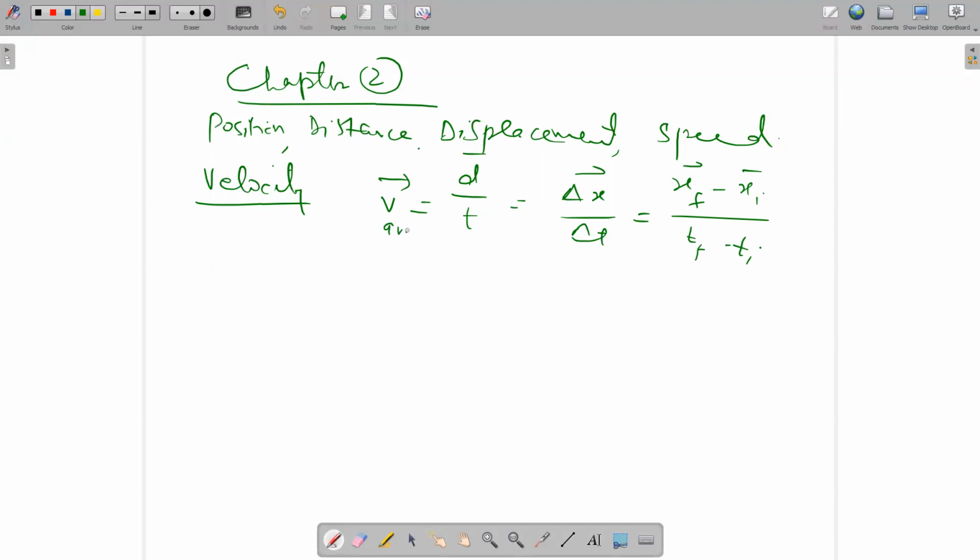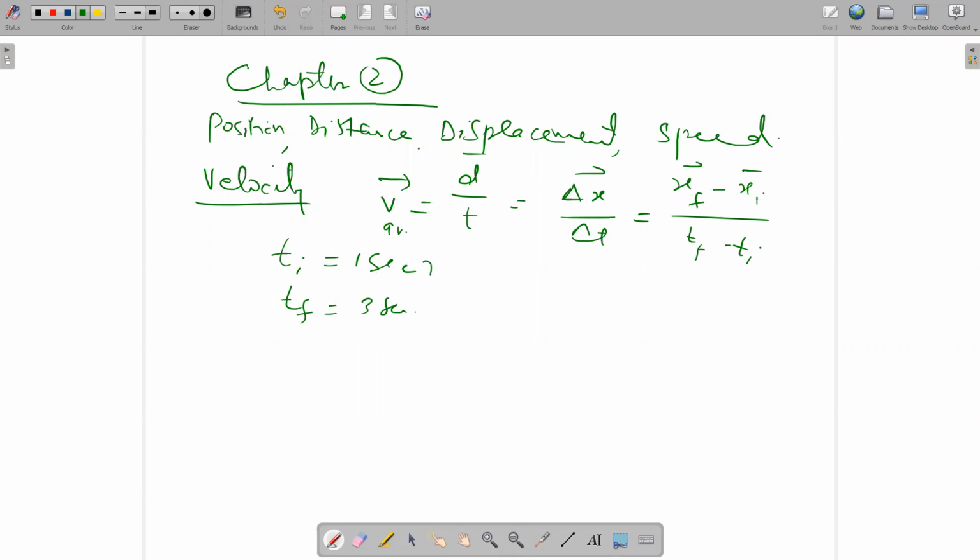Okay. So when we are saying average velocity, remember, this is very important. We are measuring the velocity between two times. Two times means one is the initial time and one is the final time. Suppose the initial time is 1 second and the final time is 3 seconds.